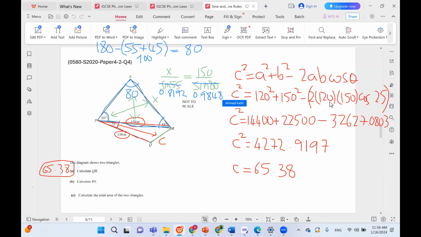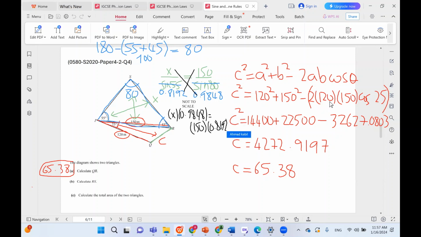And then we cross multiply. So we have X times 0.9848 equals 150 times 0.8192.